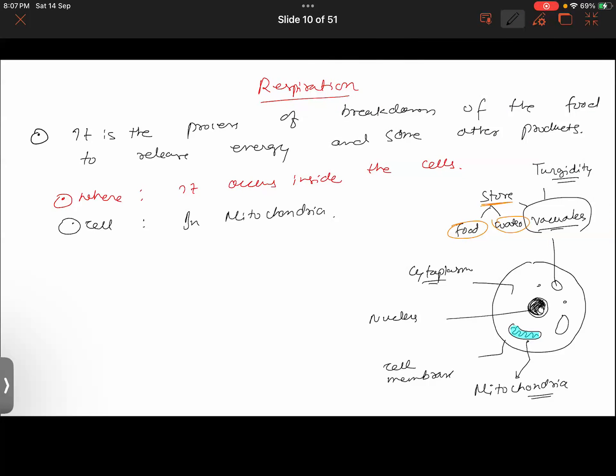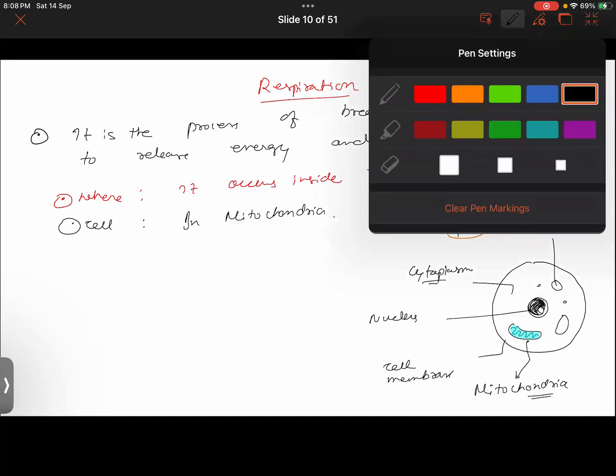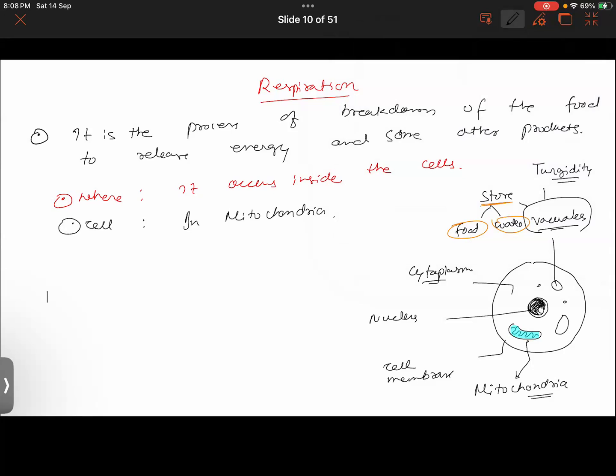So what happens in the process of respiration? Basically, the breakdown of the food will be taking place here. Now, there are different types of respiration. There are mainly two types. One, where the respiration occurs with the help of oxygen, for which oxygen will be required.